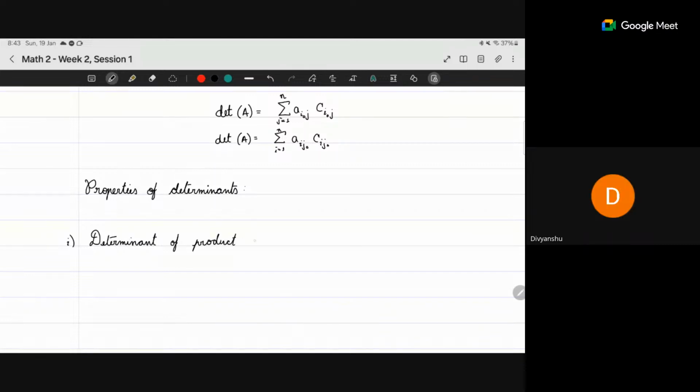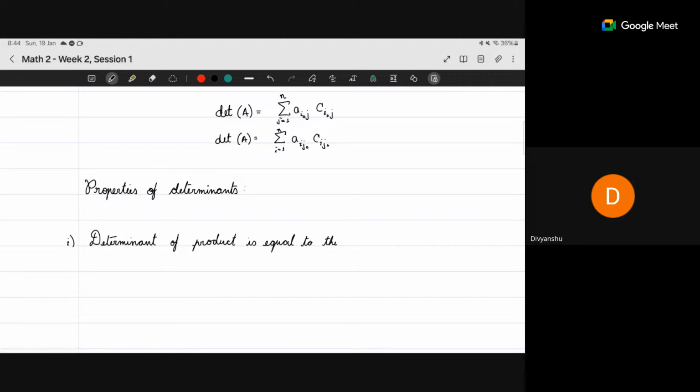Sir, really sorry for the interruption. Can we draw any conclusion or interpret something geometrically by the meaning of determinants? Yes, you can, but right now we'll not get into that because it involves something about linear independence.